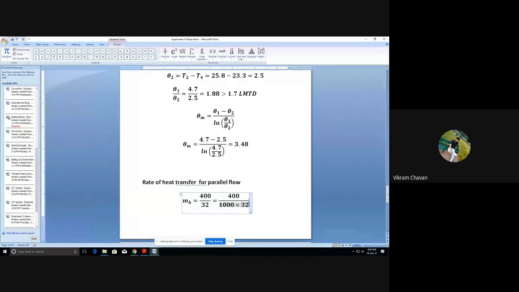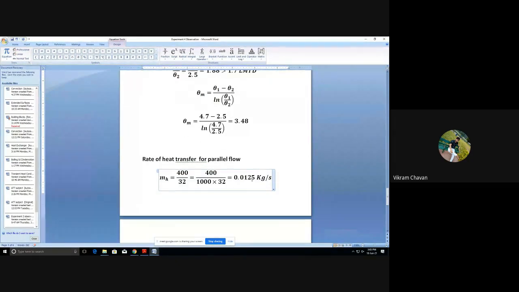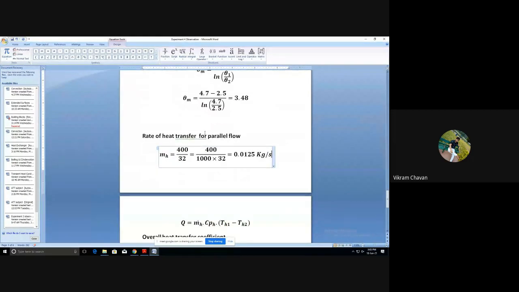Please calculate m dot h. It is 0.0125 kg per second. Now cp for water is how much? 4.187 joule per kg Kelvin.